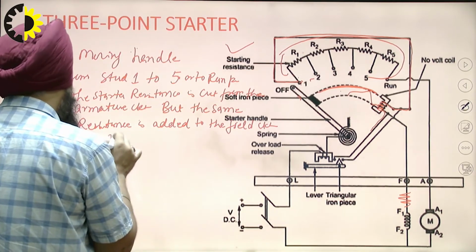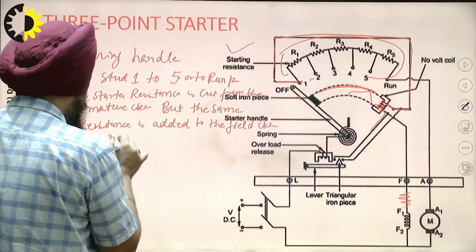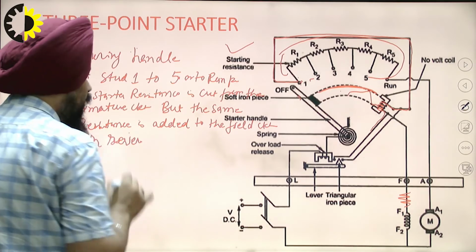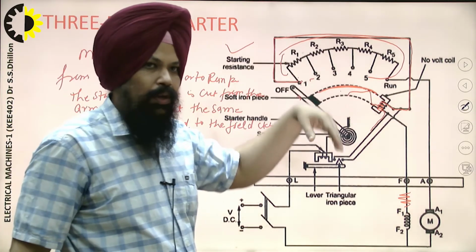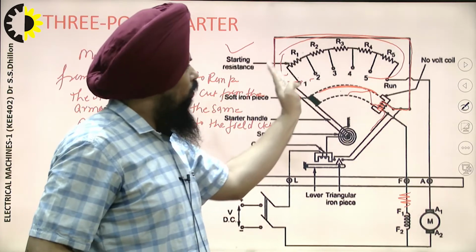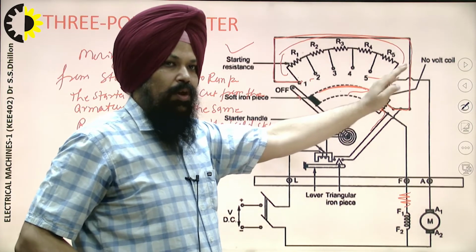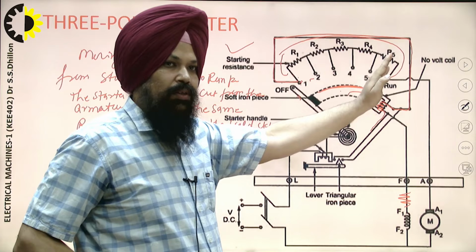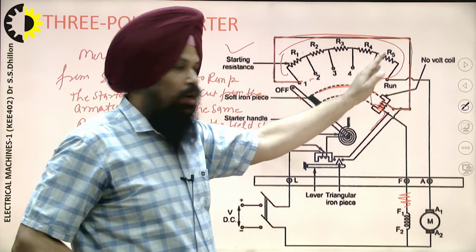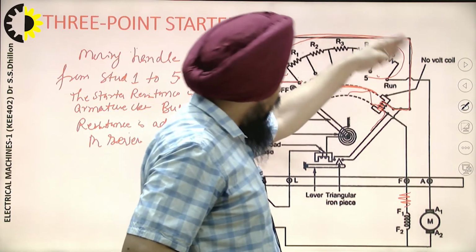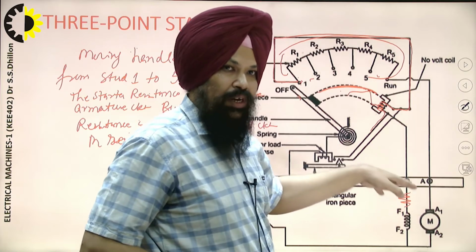This is the only connection that is a little different from the previous one. In that case we totally cut down the armature resistance, but in this case we cut down the resistance in the armature circuit and the whole resistance is added to the field circuit instead of connecting the rheostat.